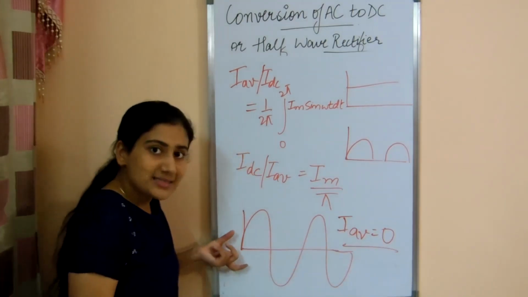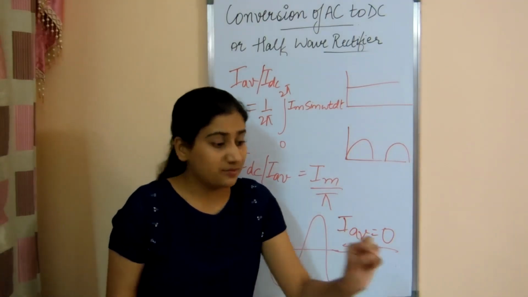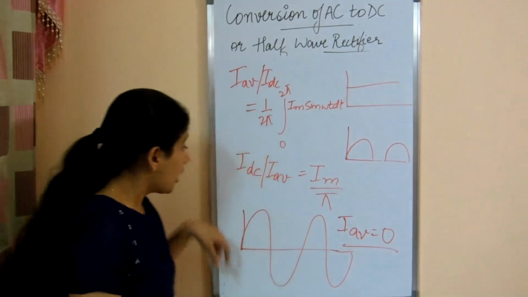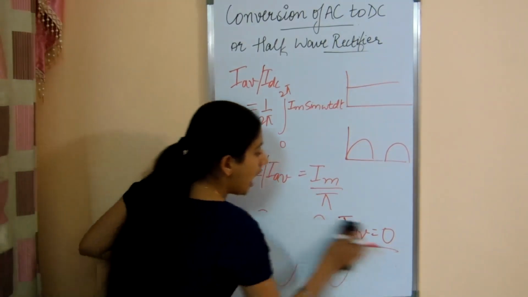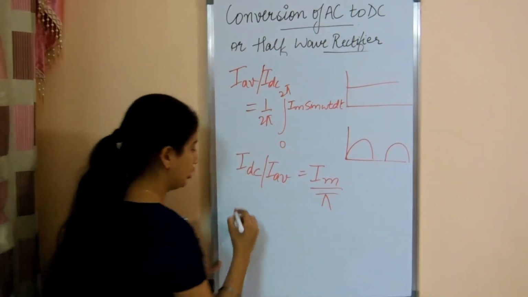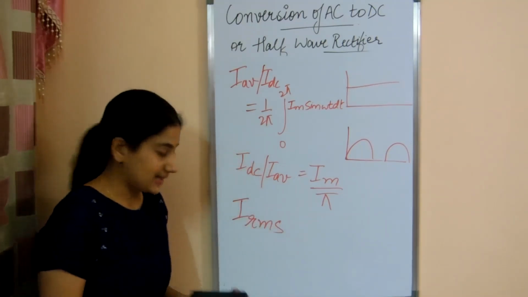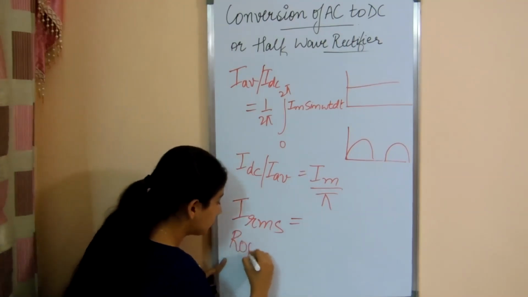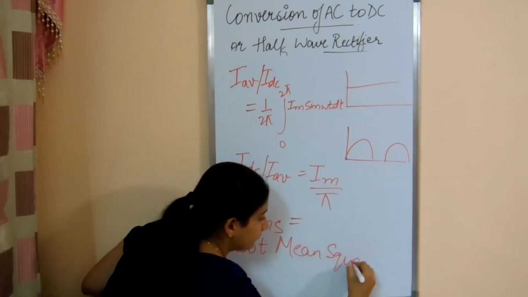So what does math say about AC current? That there is no current. But we know that if I touch the wire of AC current, I am going to feel shock. So what we calculate for the AC current is the RMS value, that is root mean square value for the AC current. It is nothing, as the name indicates, root mean square.